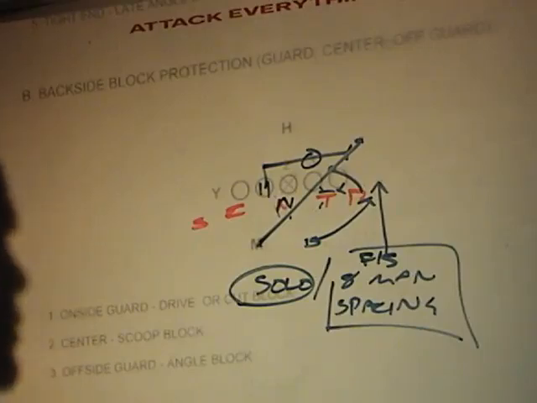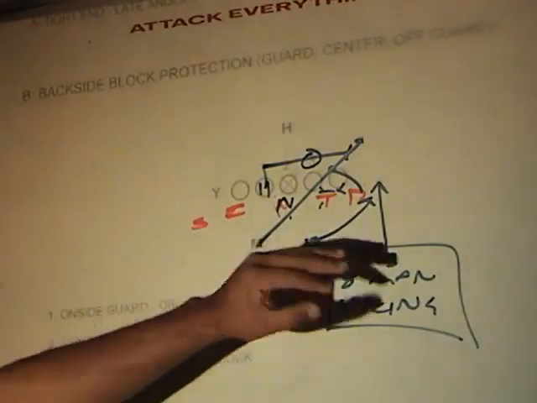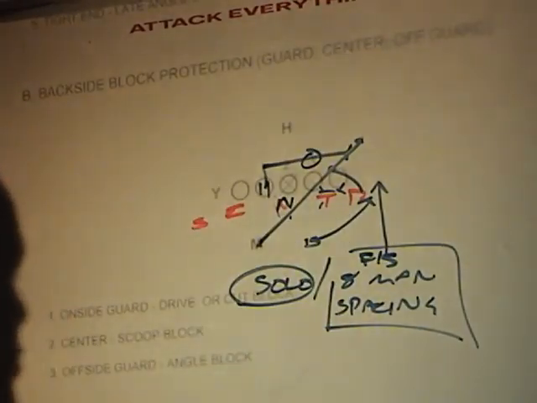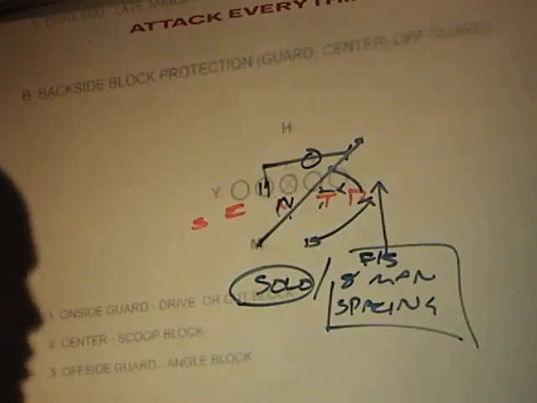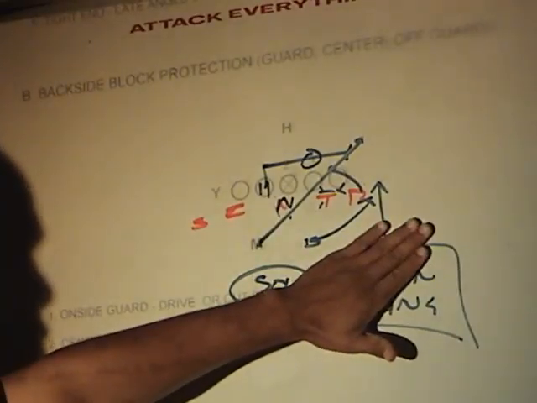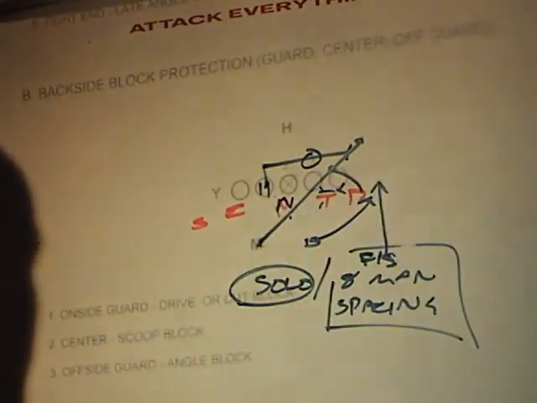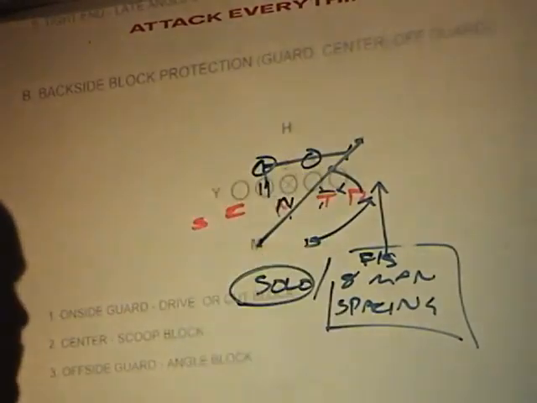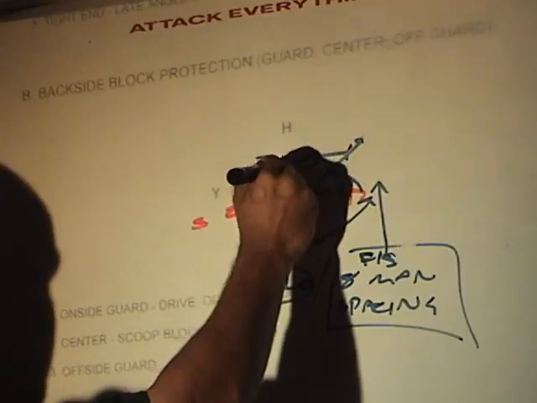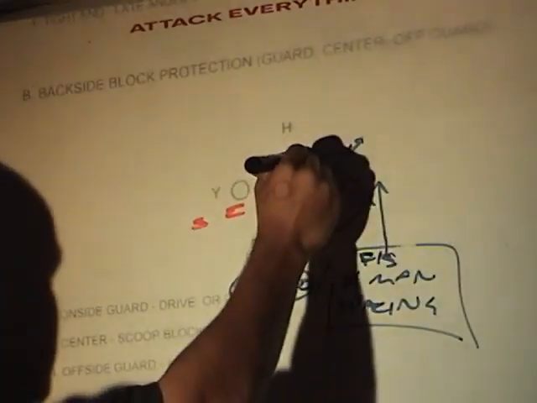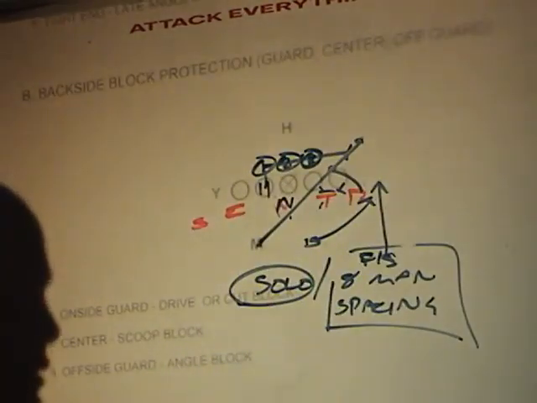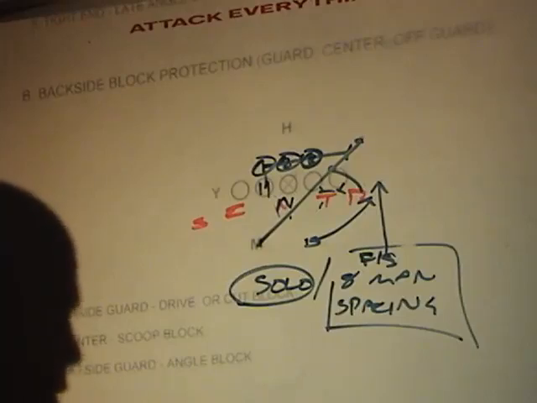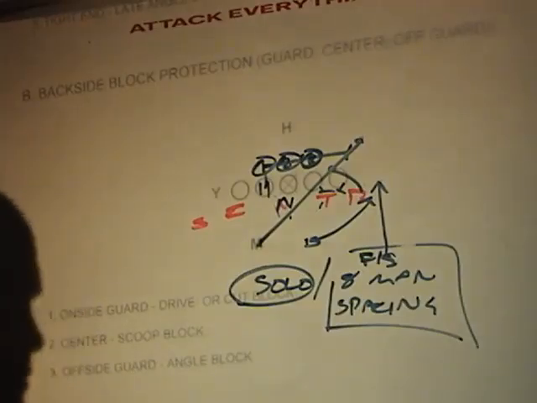If it's 8-man spacing, if we're in Oz and we have the 3 boxes, you can run through. You're an extra guy on play away. If it's solo, we're taking away one of the guys, and you 2 must vice the pull. And so your progression on play away is onside guard on any type of scoop, the center, and then number 3, the offside offensive guard coming off on the double on the 3 technique.